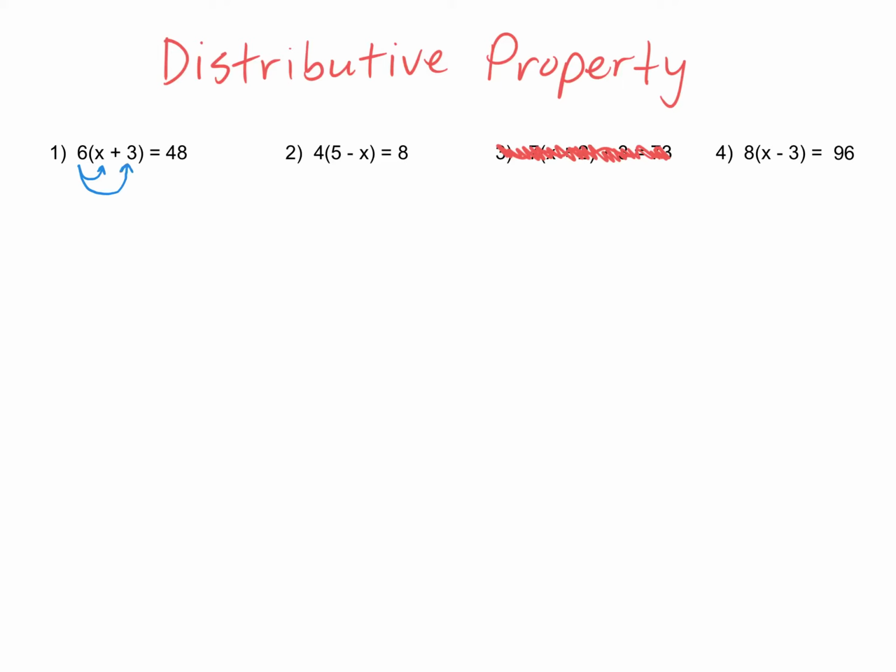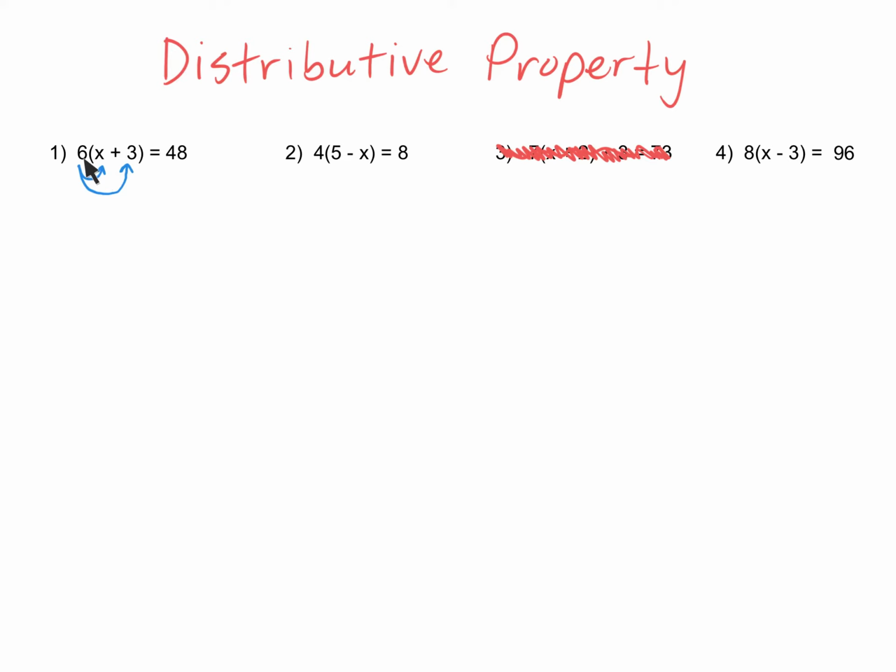Now this is a positive 3. Why is it positive? Because the sign directly to the left of it is a plus sign. So that means the value of this 3 is positive. The value of this 3 over here would be negative, so we'd have to go 8 times negative 3. Anyways, we'll get to that one.